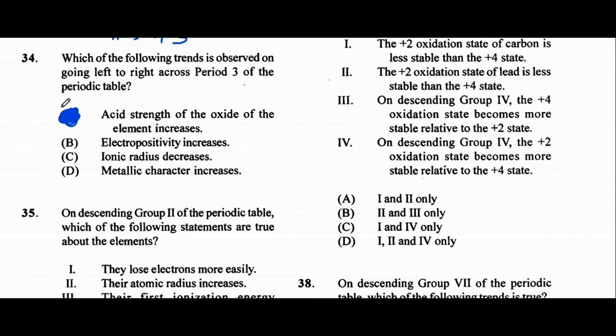For cations you lose the valence shell, and anions keep their shell.